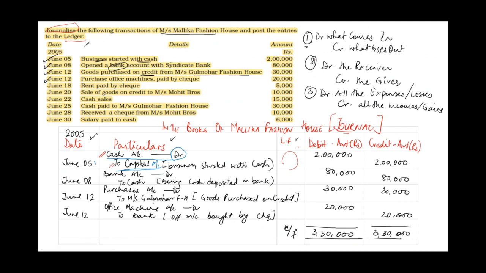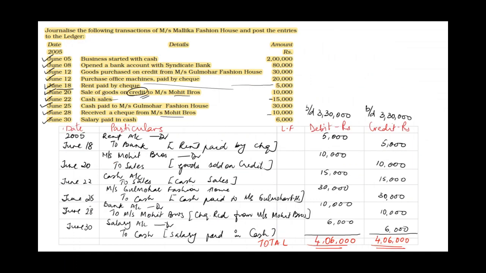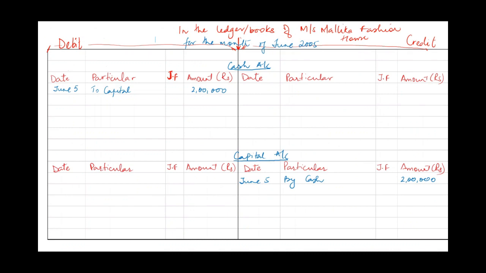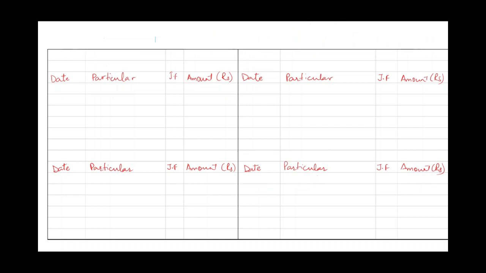This is done for my ledger. June 8th, bank account debit to cash 80,000, cash deposited in bank, right? So I will say June 8th. Okay, cash is depositing, so bank account is debiting and cash is crediting. So I have to open a bank account. Here I will open a bank account.